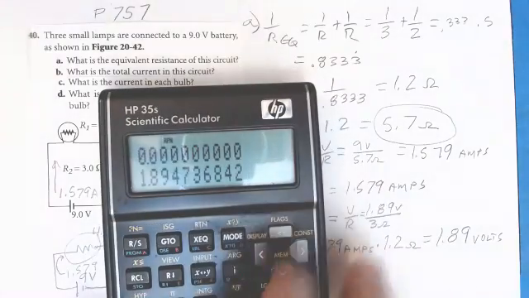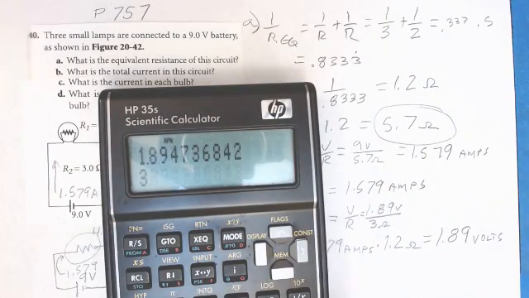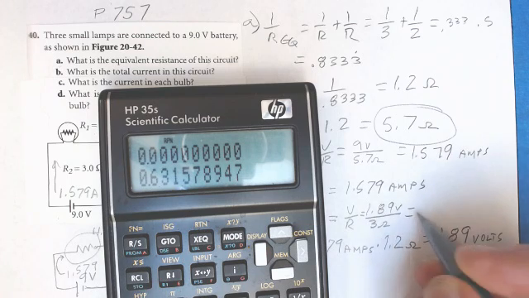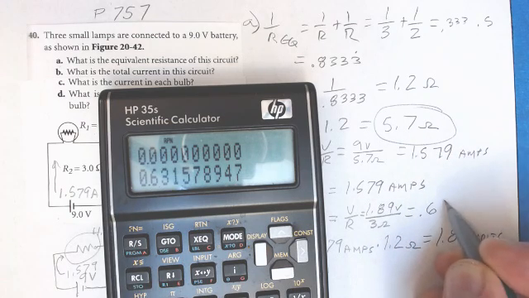So 1.89 divided by 3 is equal to 0.631 amps.